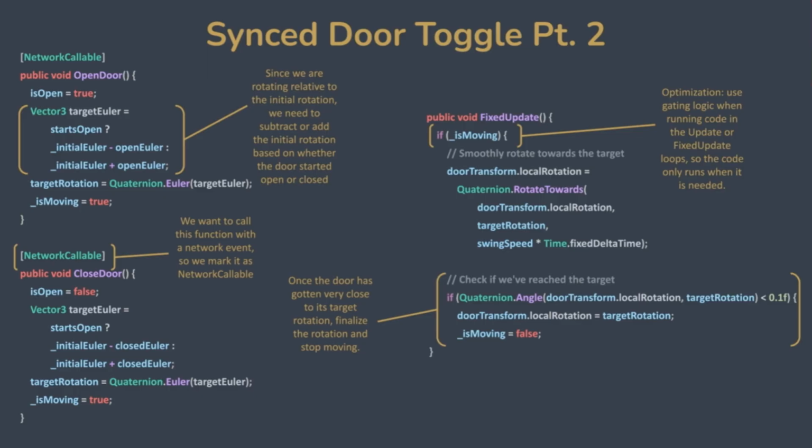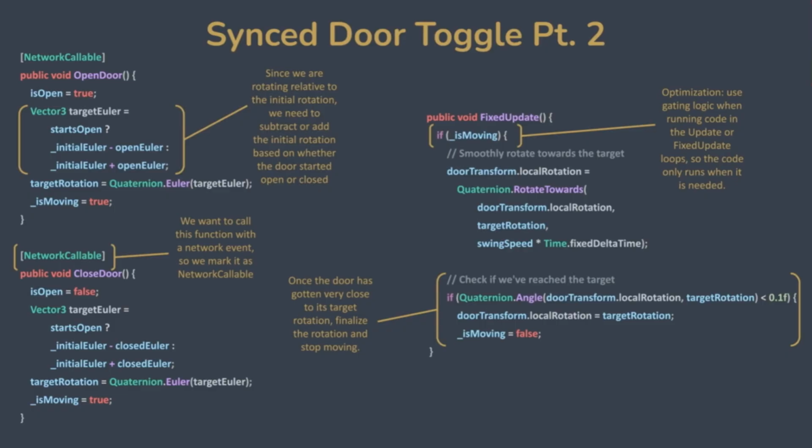So next up, we have our open and closed door functions. You'll see at the top the network callable attribute. So we tag them with network callable to say that we're going to send these events over the network. And then we have a couple things inside. First, we have a toggle for if it's open. So the open door says is open is true. And then you have this big conditional statement that is generating the target rotation based on whether or not it starts open.